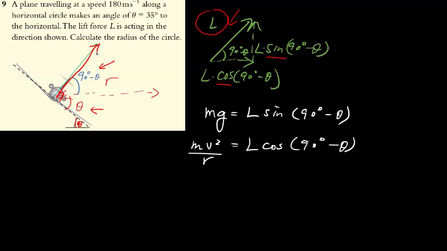The plane itself has weight, of course, and therefore the vertical component will balance the weight mg, and this is the first equation. The second equation, for the horizontal component of the lift, which is the cosine one, will be responsible for the circular motion, and that's how you formulate the equation.